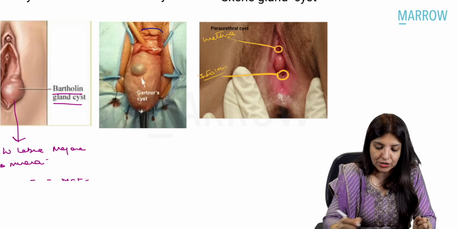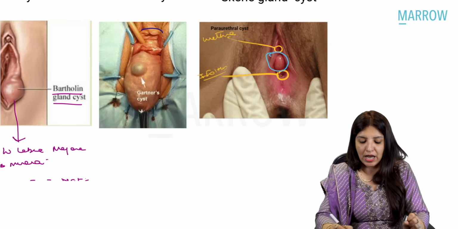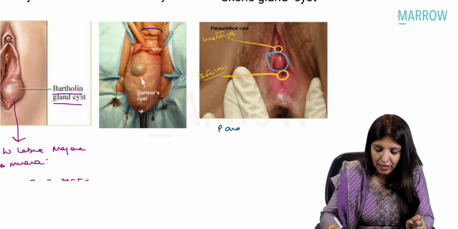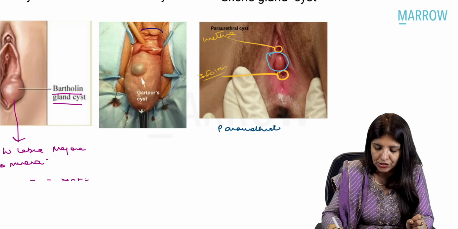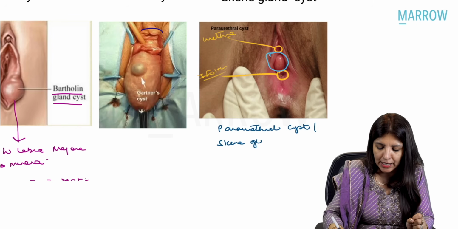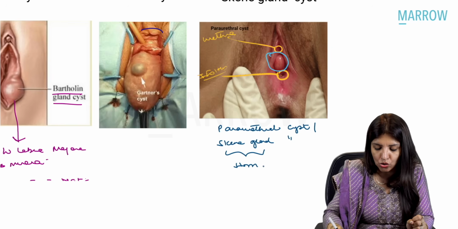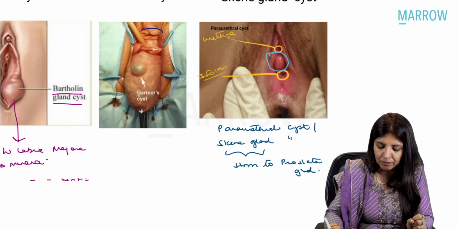Now, this particular cyst is very close to the urethra, and this is a paraurethral gland cyst. So, it's a paraurethral gland cyst or a Skene gland cyst. Please remember, Skene gland is homologous to the prostate gland in males.